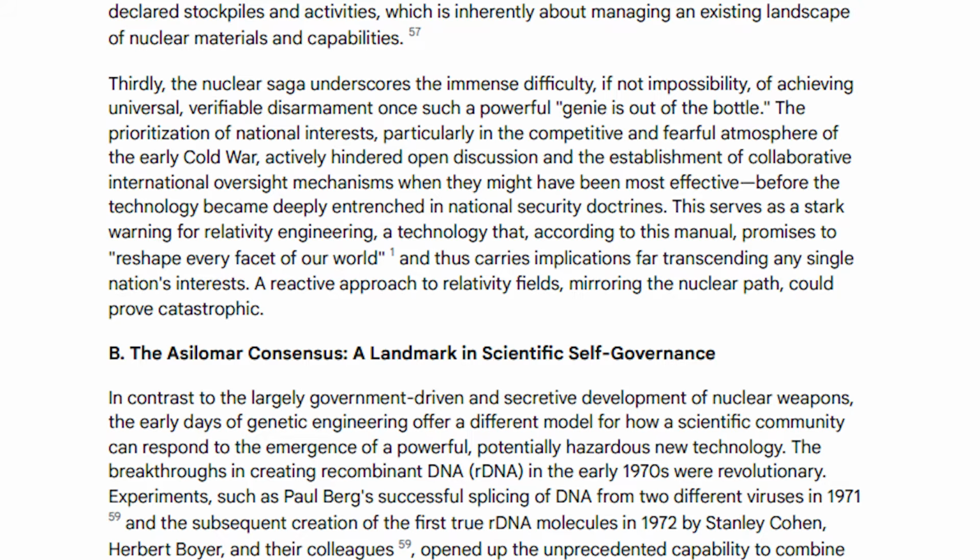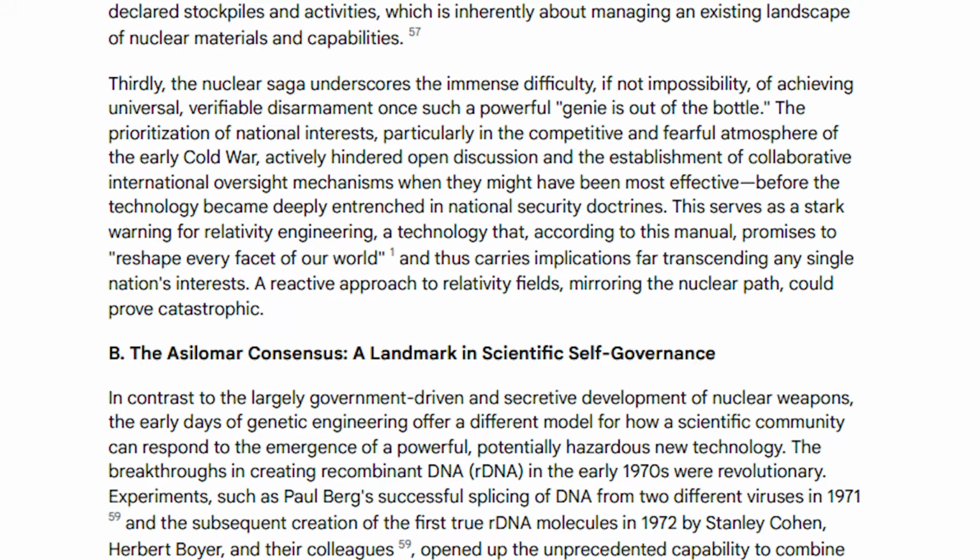This serves as a stark warning for relativity engineering, a technology that, according to this manual, promises to reshape every facet of our world, and thus carries implications far transcending any single nation's interests. A reactive approach to relativity fields, mirroring the nuclear path, could prove catastrophic.